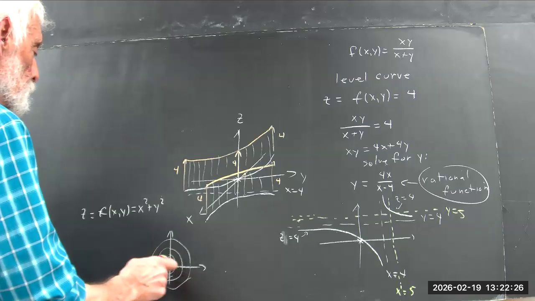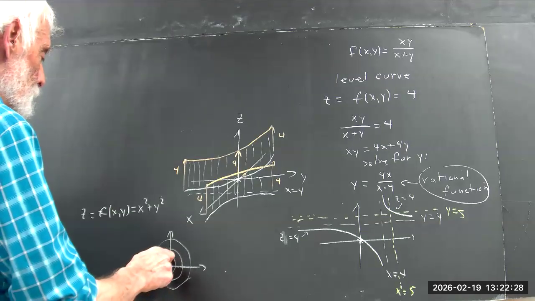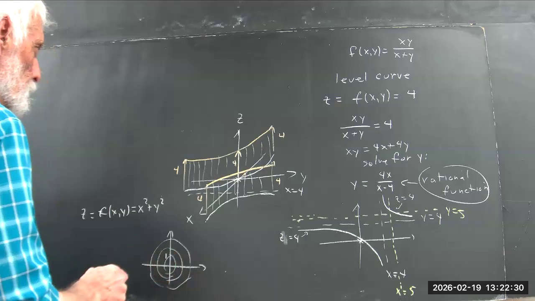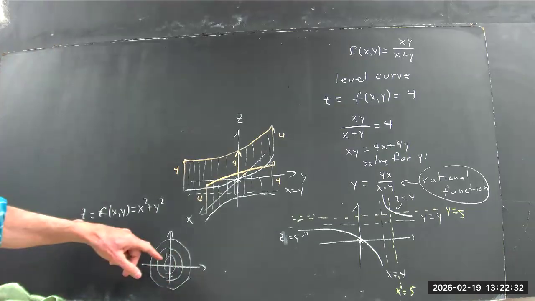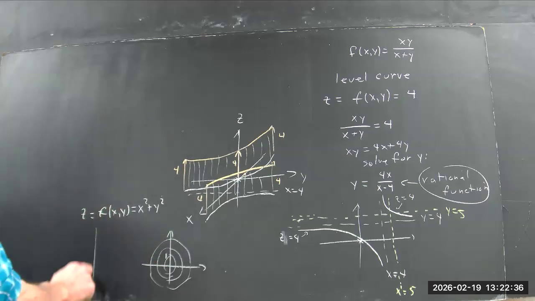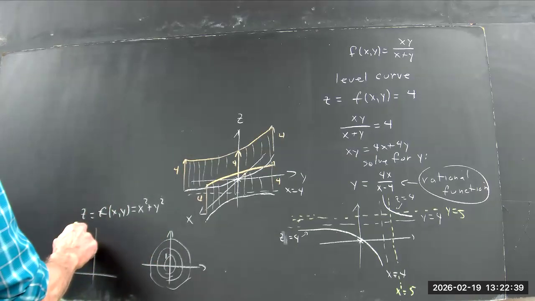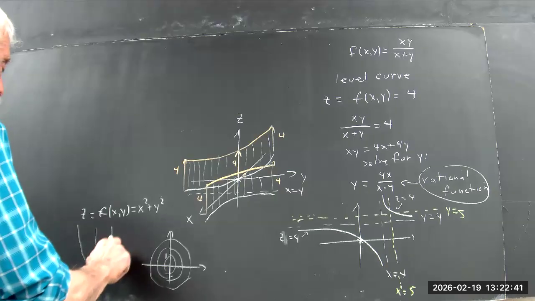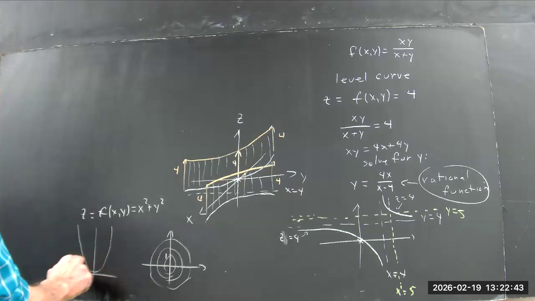If this is the z equals 1 curve, and I'm just going to put 1 here because I don't have room to write z equals 1, but that indicates that this curve is the part of the curve where z equals 1. Now let's just look at a parabola. Not a particularly well-drawn parabola.